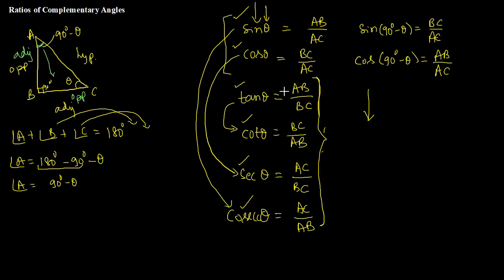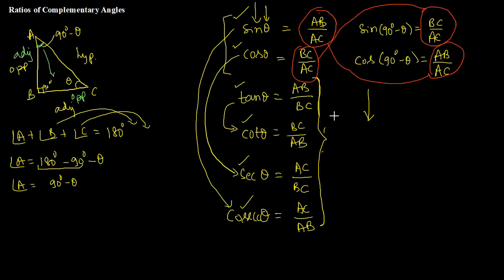But let's look at what our conclusions are based on whatever we have written. All we have done is write the ratios, but we didn't compare them with the ratios we had written earlier. So let's look into this. What do you see? This AB by AC is equal to this, and BC by AC is equal to that.